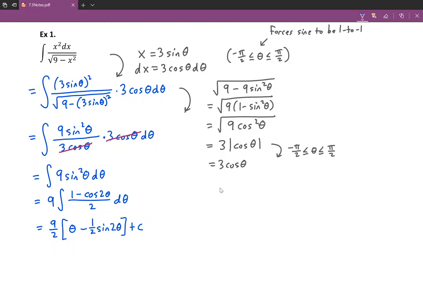So the way we'll do that is by using a double angle formula. Let's do that off to the side here. Remember that sine 2 theta is 2 sine theta cosine theta. So that 1/2 sine 2 theta is going to be just sine theta cosine theta.